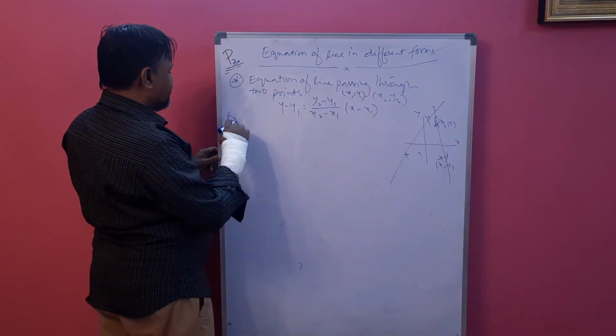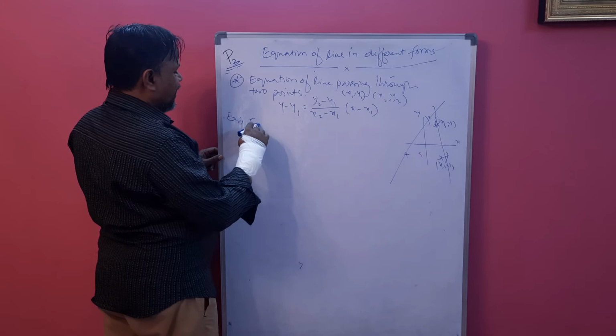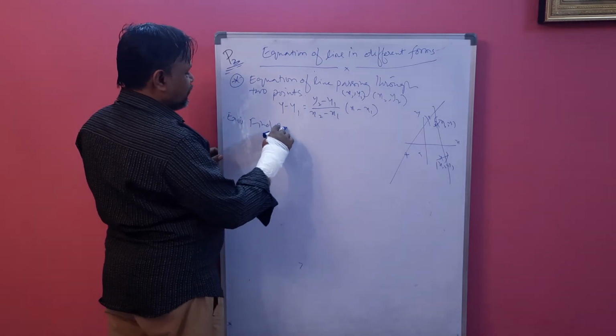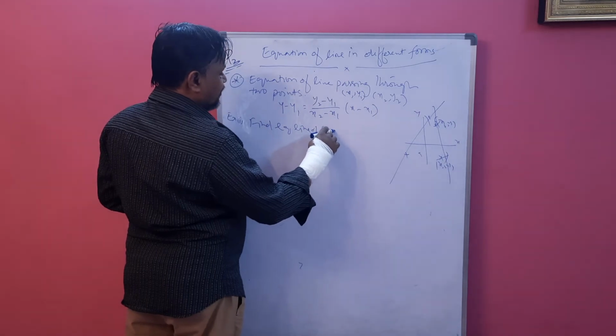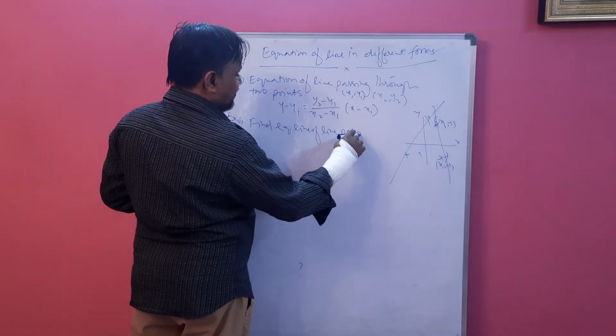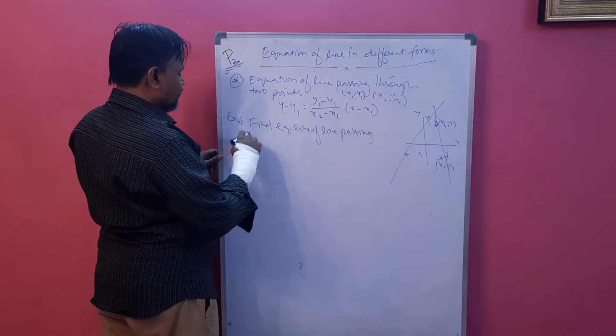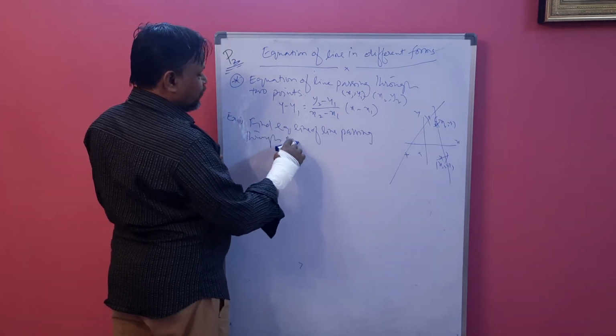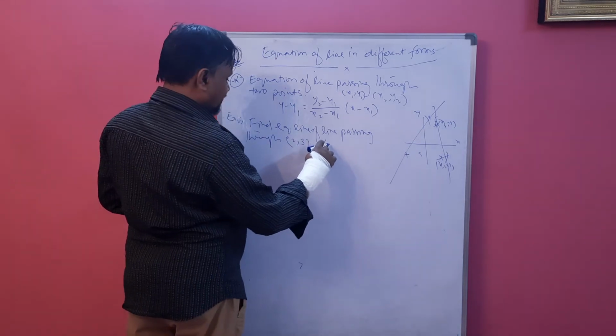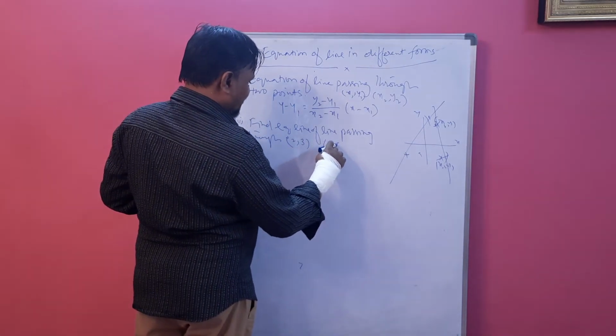We are taking one example. Find the equation of the line passing through the points (2, 3) and (4, 9).